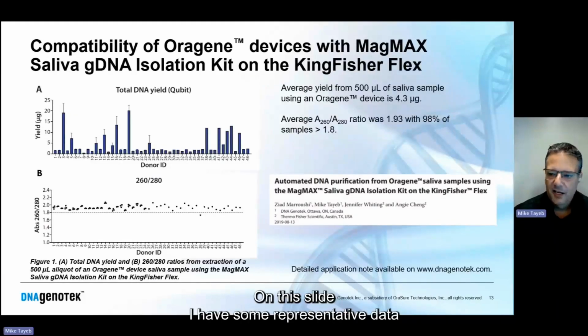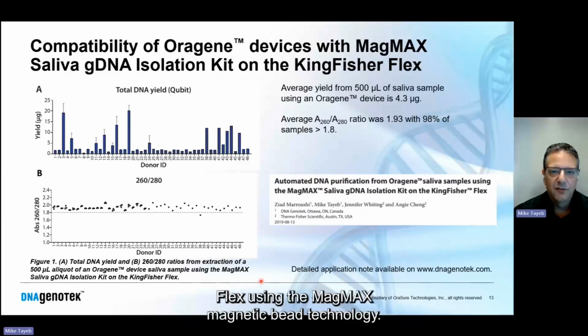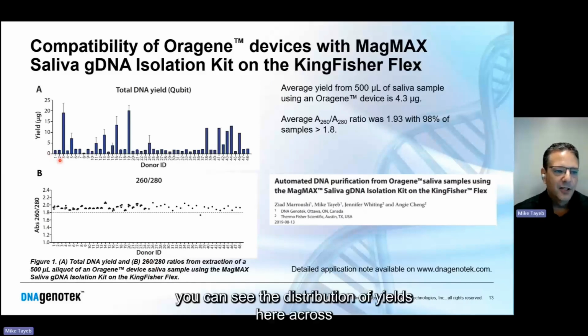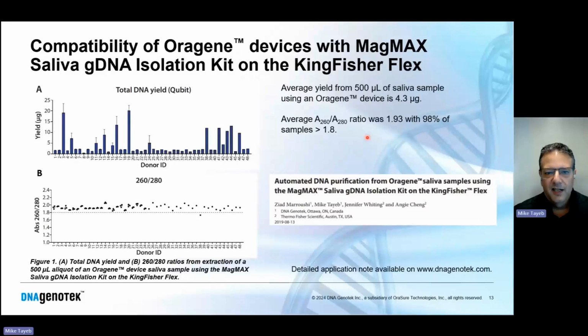On this slide, I have some representative data from automated extraction of saliva collected using Origin. This first data set is extraction on the Thermo KingFisher Flex using the MagMAX magnetic bead technology. You can see the distribution of yields here across 48 different saliva samples. From 500 microliters of saliva, the mean yield was approximately 4.3 micrograms.